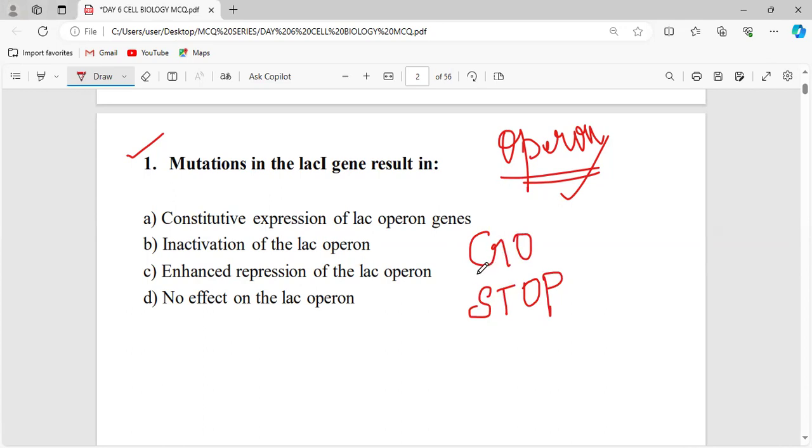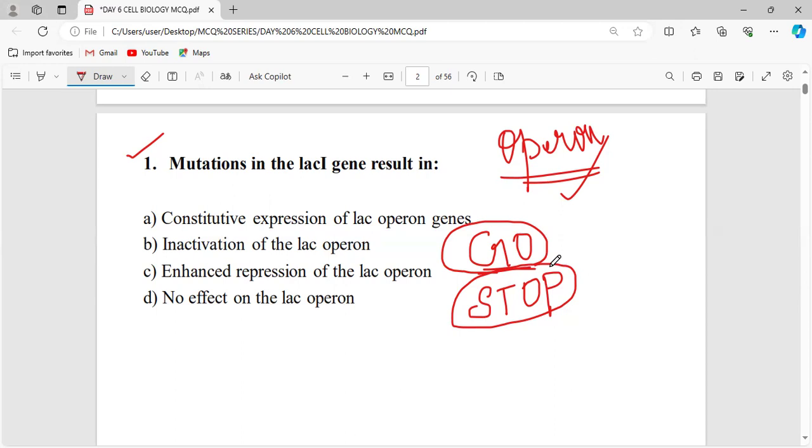See, we call the lac operon a go operon and the tryptophan operon a stop operon. Why? Because in the case of the lac operon, whenever there is a substrate, here lactose, whenever the lactose is present, the operon will be turned on inside the bacteria.